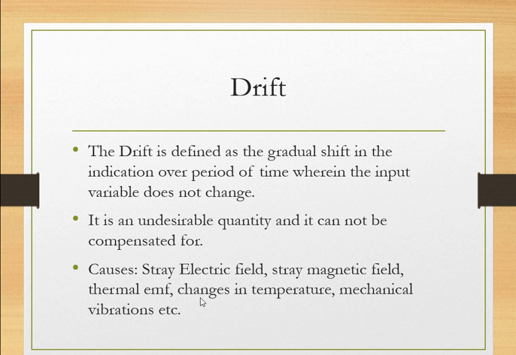I think your physics is very good, so you must know thermal EMF, stray capacitance, electric field, and stray magnetic field. So these are the causes: stray electric field, stray magnetic field, thermal EMF, change in temperature, and then mechanical vibrations, etc. These are some important causes which are listed here.